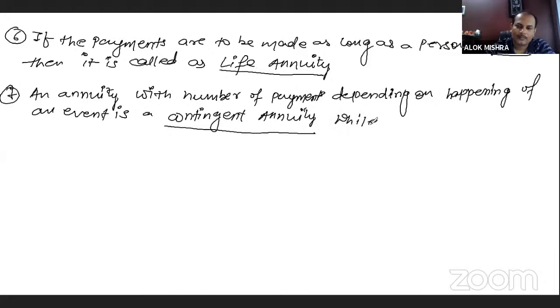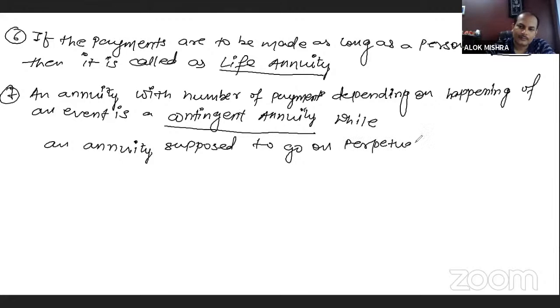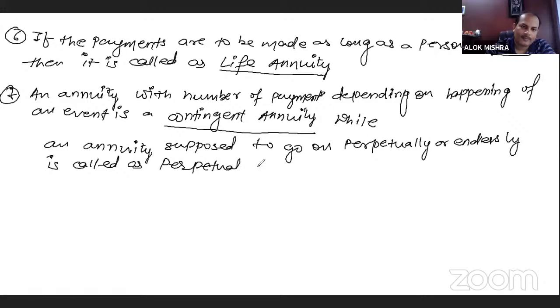While an annuity which is supposed to go on perpetually or endlessly is called as perpetuity, simple.